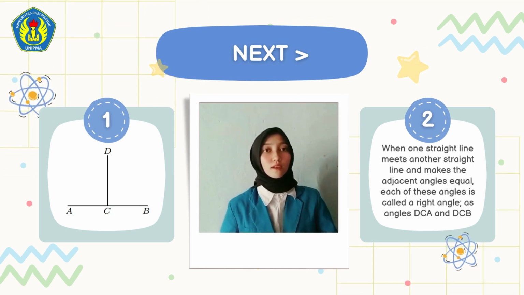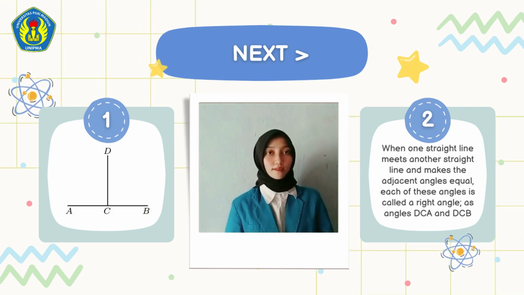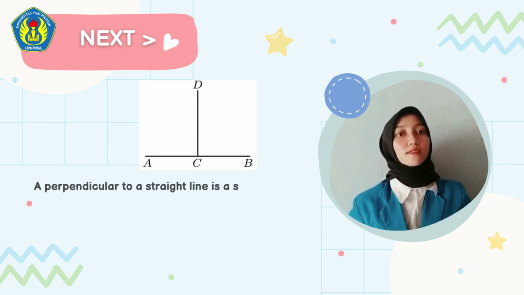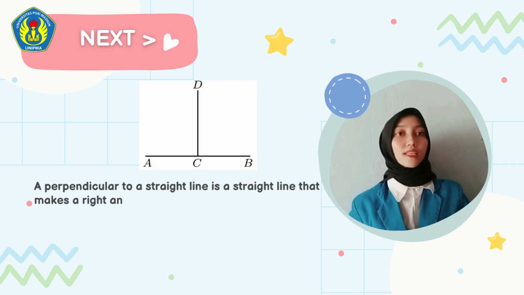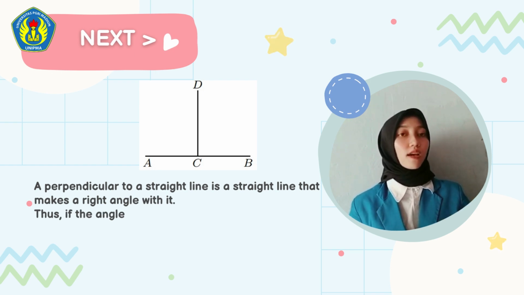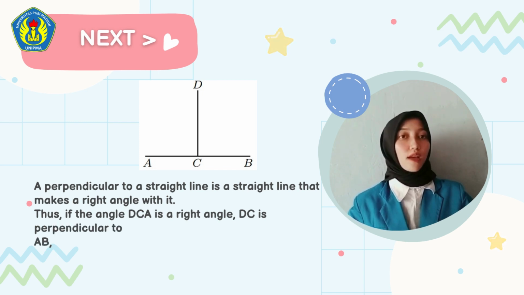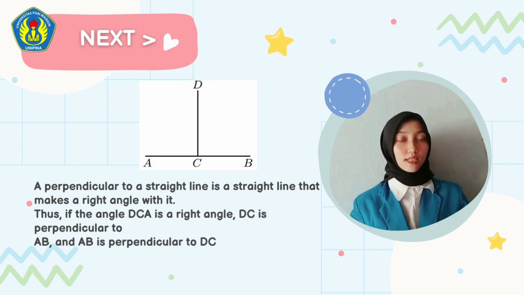The two lines meet at point C, forming a perfect L angle. A perpendicular to a straight line is a straight line that makes a right angle with it. Thus, if the angle DCA is a right angle, DC is perpendicular to AB, and AB is perpendicular to DC.